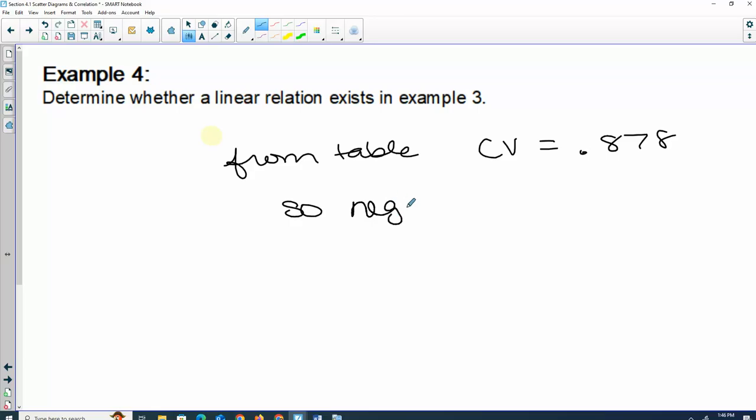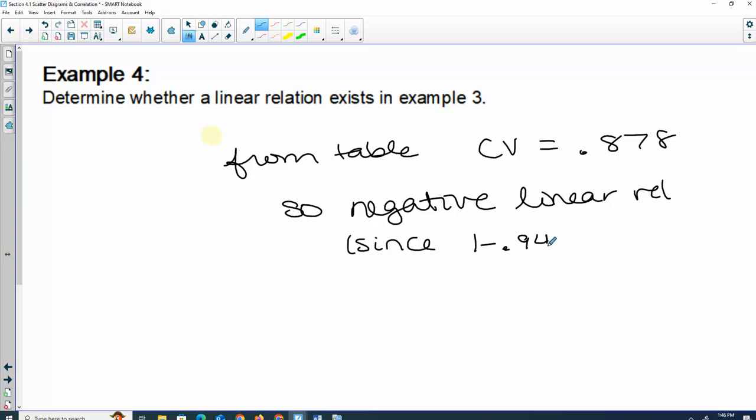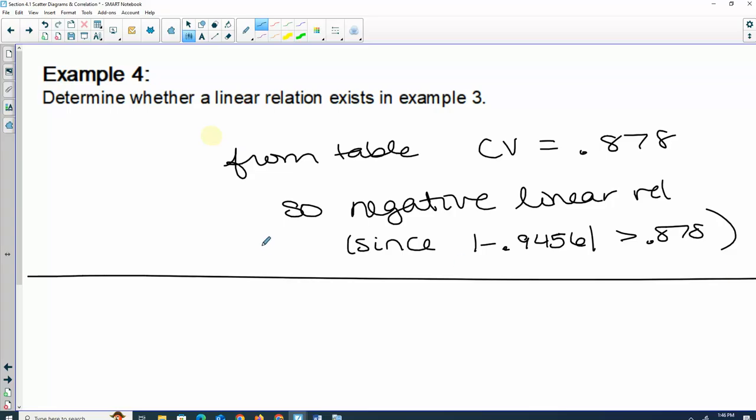So we had a negative linear relationship since the absolute value of negative 0.94, the real one on the calculator, is greater than 0.878. That's why we would say it's linear. Do you have to give me that much of an explanation? No. On the homework, I want you to write down the critical value so I know you looked it up. And then I want you to tell me if there's a linear relationship or not.